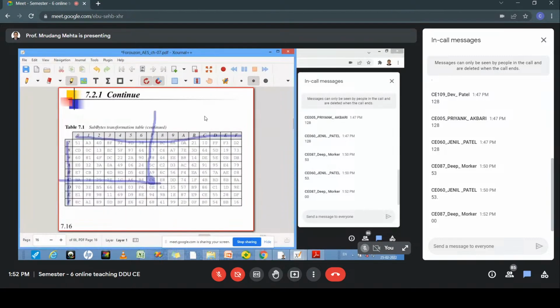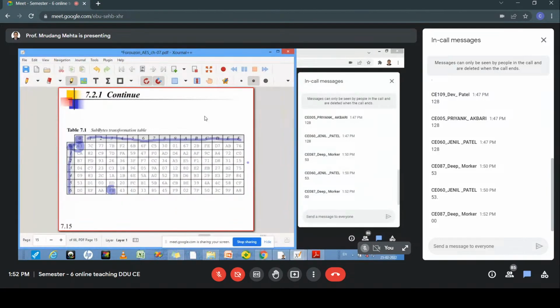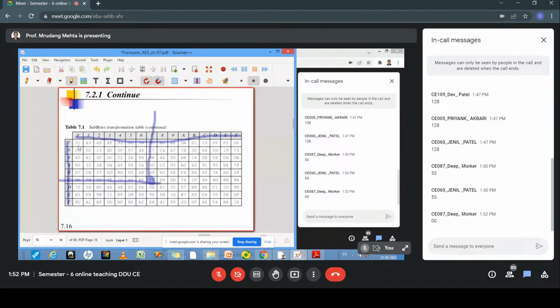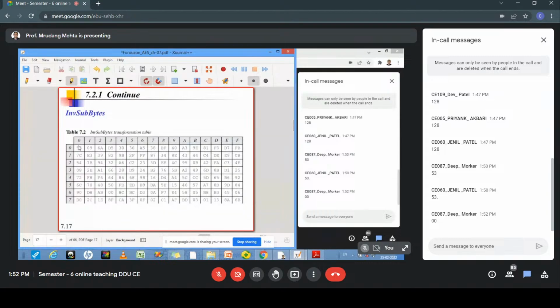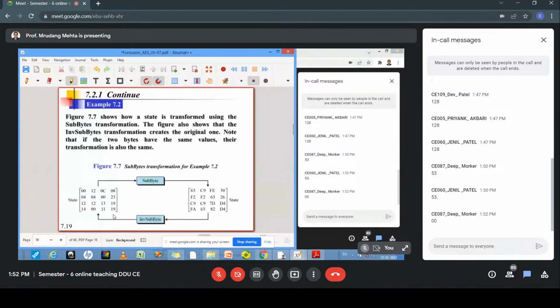You can see that for 00 the value is 63, so in the inverse table, if you see 63, it gives you 00. Clear? Similarly, the whole table is prepared.